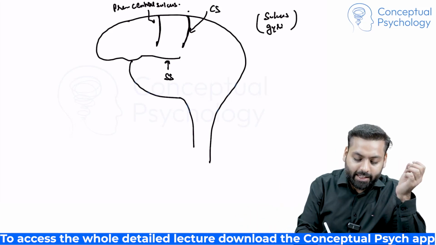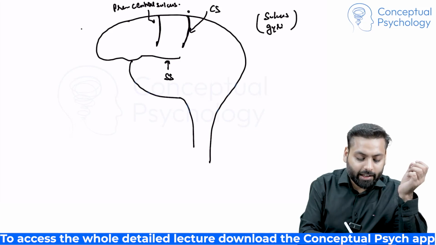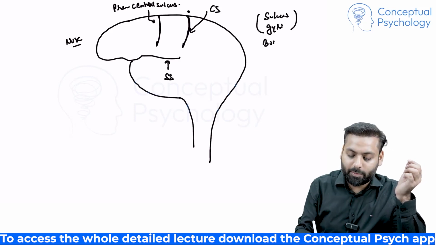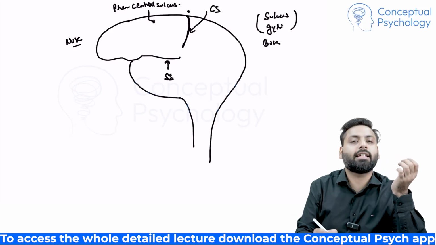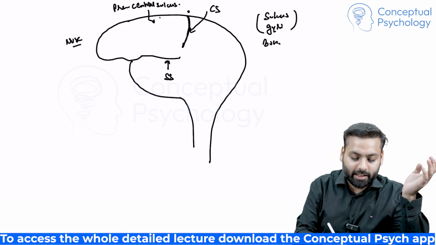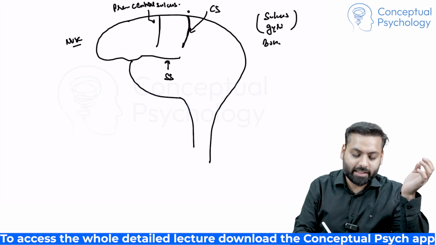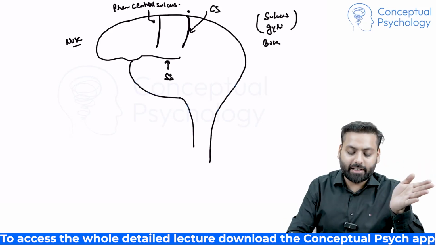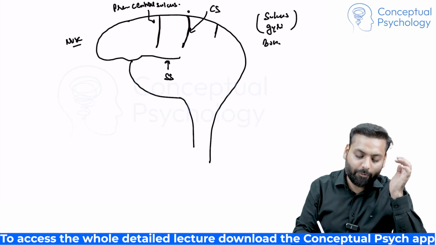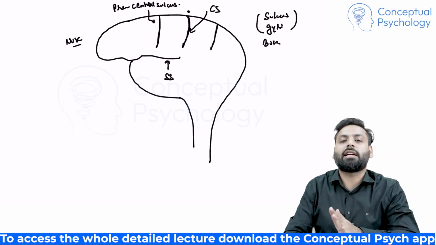If this is the central sulcus, and we know the nose will be this side and the back of the head this side, and I am looking from here, then for me a structure here is before the central sulcus, na? So, precentral sulcus. If the structure were here, this would be the postcentral sulcus.